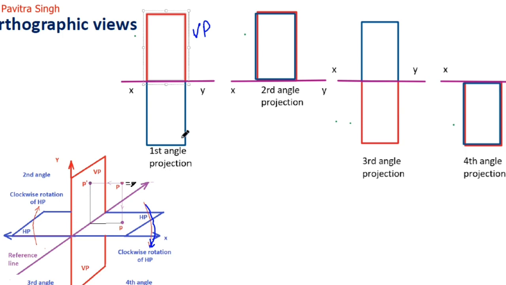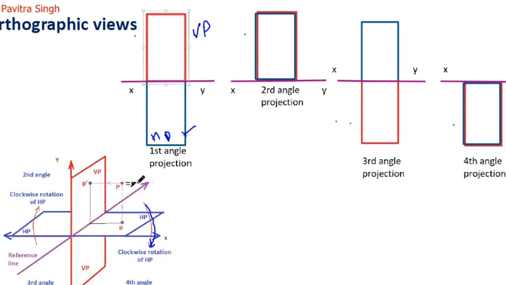If we talk about the first angle or first quadrant, this is our vertical plane, and this is the horizontal plane in blue color.